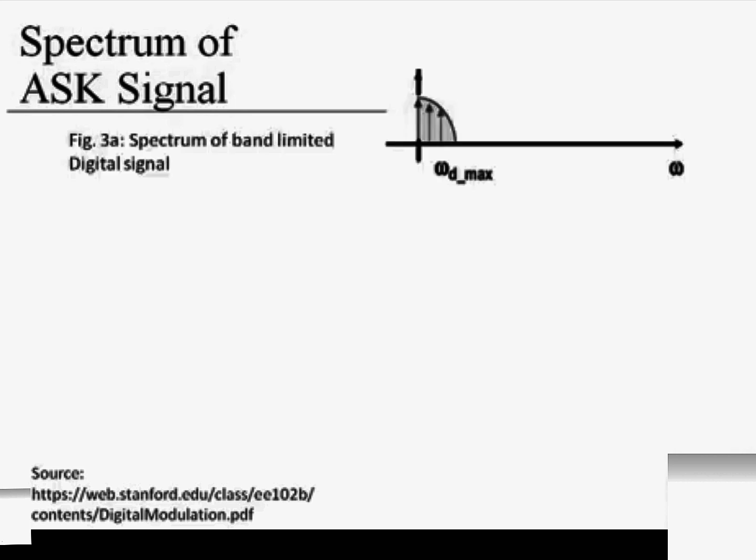Let us now see the spectrum of the ASK signal. The first figure shows the spectrum of a digital signal band limited to frequency omega d max, which is an angular frequency, obtained by passing the square wave signal into a pulse shaping filter in order to remove higher harmonics and limit the bandwidth of the modulating signal.